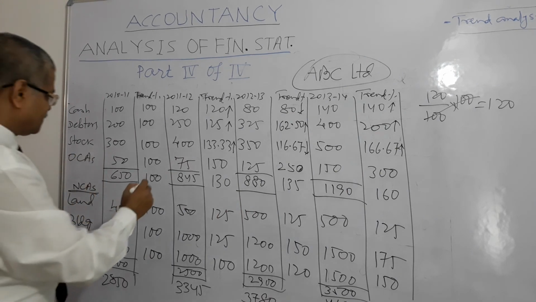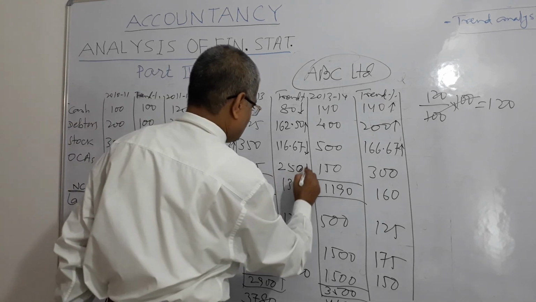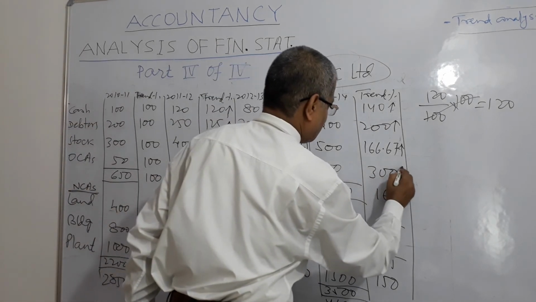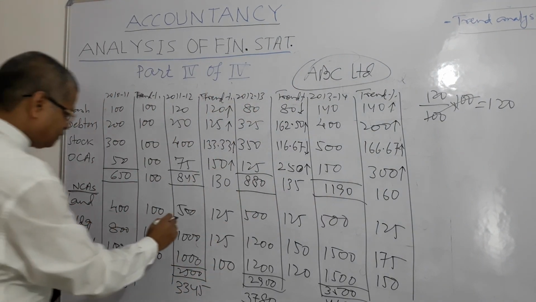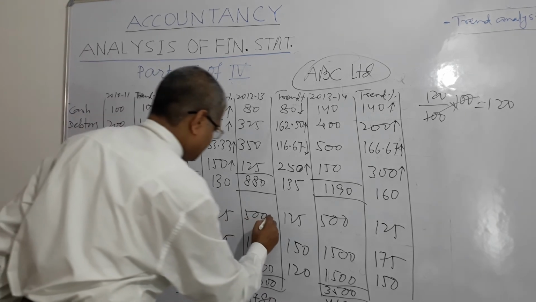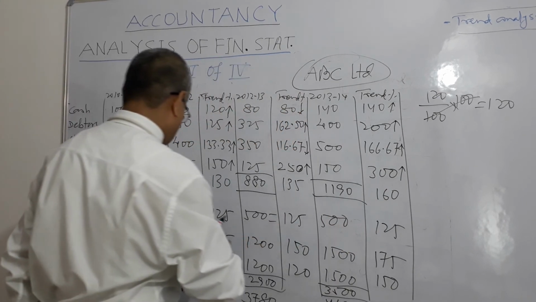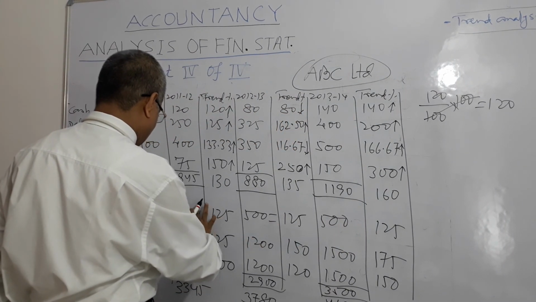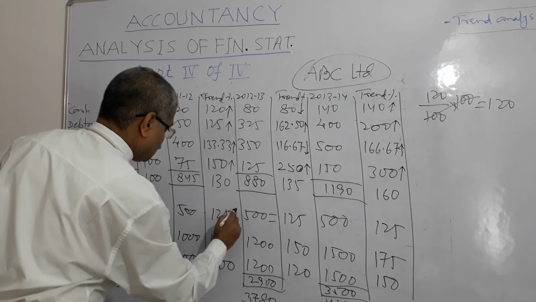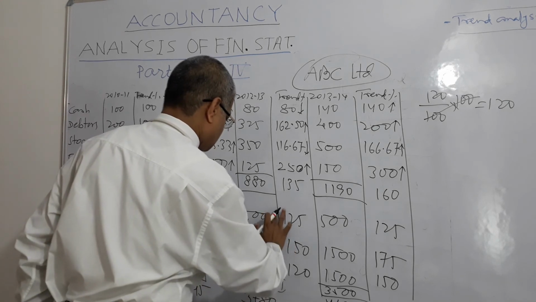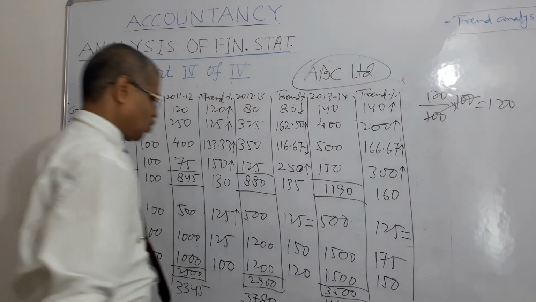Other current assets, what happens? It goes up, and it goes up. Other current assets, continuously the trend is of increase. Land, it has gone up, then it has remained constant, right? In respect of land, it has gone up to 125, then it has remained the same, and here also it has remained constant.